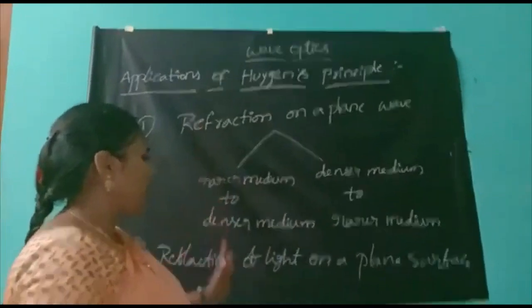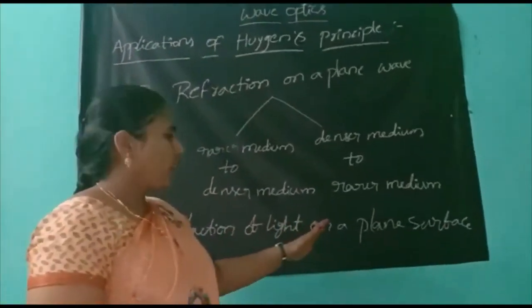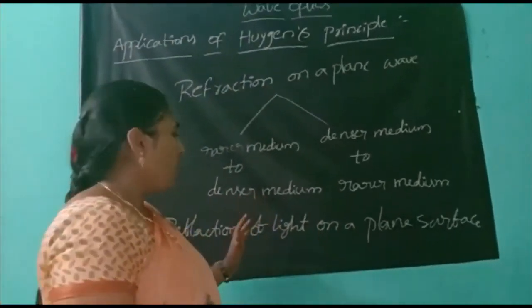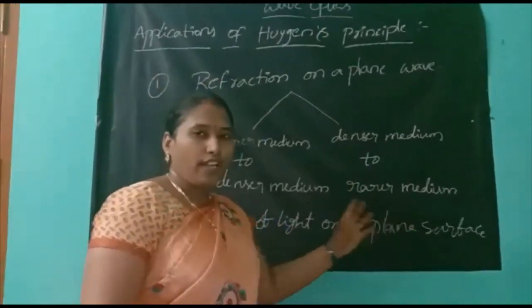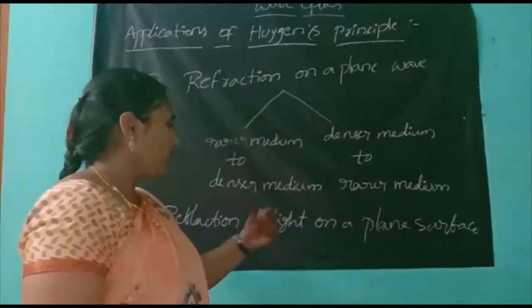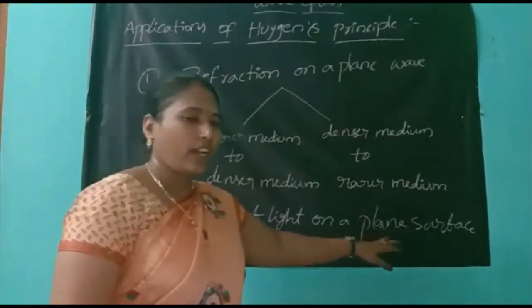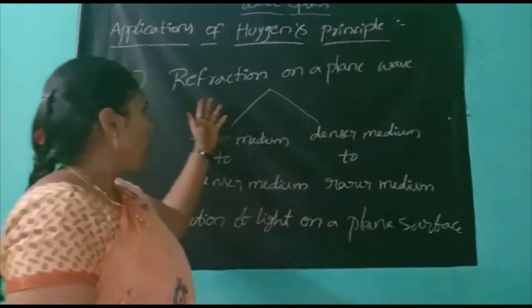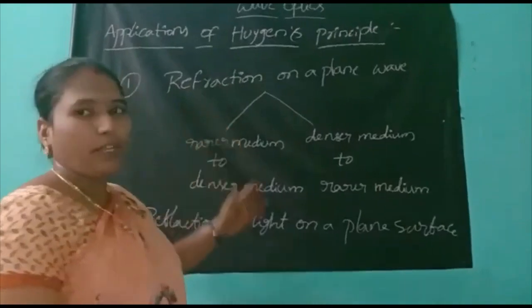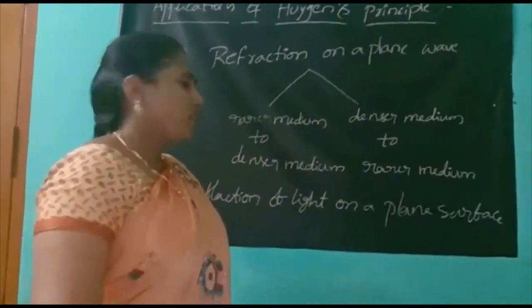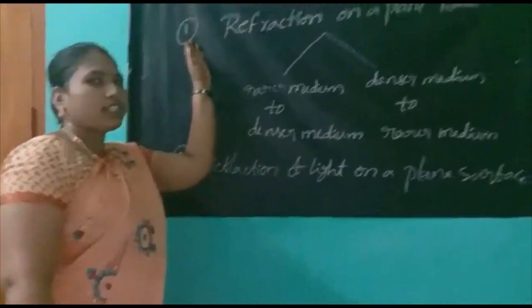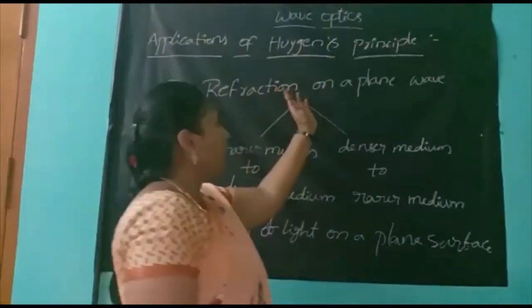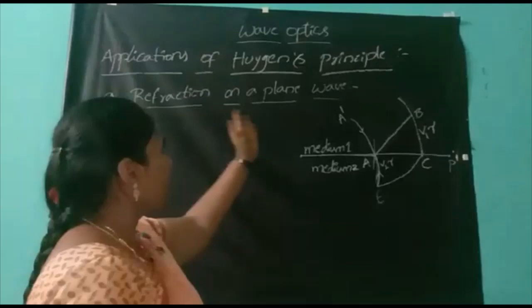In these two cases, we check what the changes are in velocity of light, what the changes are in direction of propagation of light, and the behavior of the medium. Now we are going to discuss refraction on a plane wave.